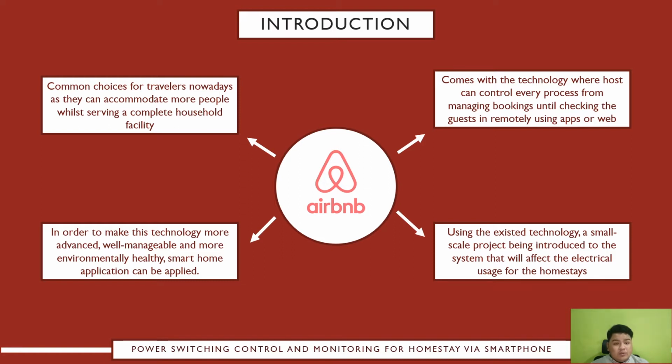In order for us to make this technology more advanced, more manageable and more environmentally healthy in the aspect of electrical usage, smart home application can be applied to the system. By using the existing technology created by Airbnb, my project is focusing on introducing a system that can trigger and control the power switching system and power monitoring for the homestays.